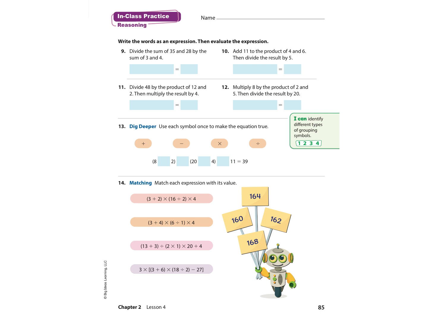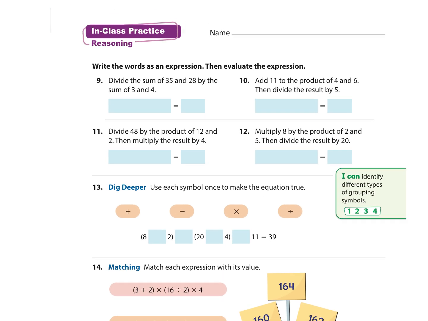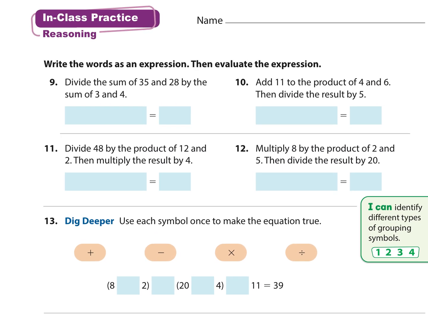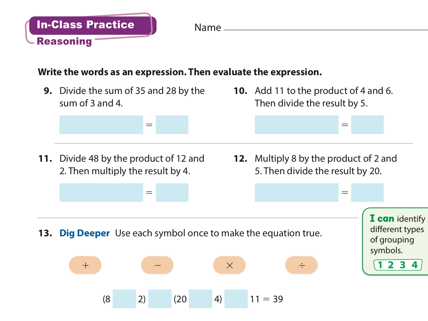Okay, number 9. 9 through 12 say, write words as an expression, then evaluate the expression. So this is kind of just reviewing back to what we did yesterday. Number 9. Divide the sum of 35 and 28 by the sum of 3 and 4. So I know I'm dividing sum of 35 and 28.